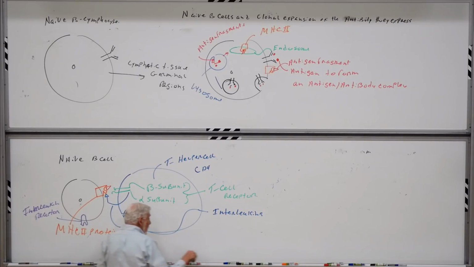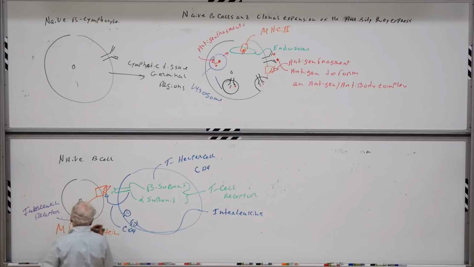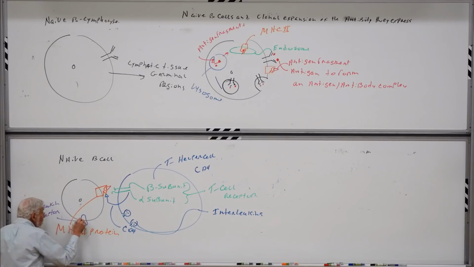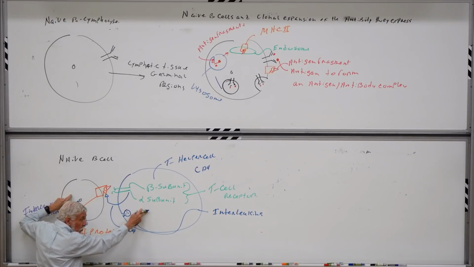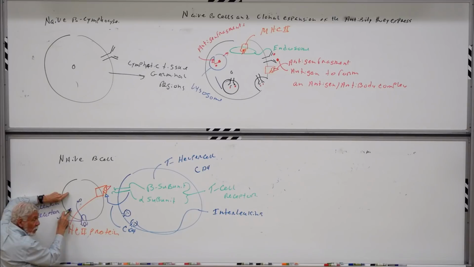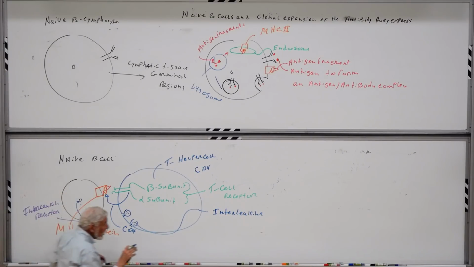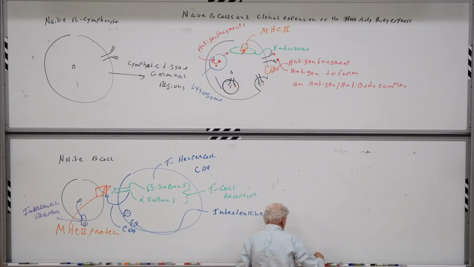The binding of the interleukin to the interleukin receptor then signals to the nucleus. It tells the nucleus, start to divide. And this cell now will make thousands and thousands of copies of itself because of the signal from the T helper cell. This cell will make thousands of copies of itself, and each of the offspring of these cells will generate the same antibody. So we can do that as a kind of lineage over here.